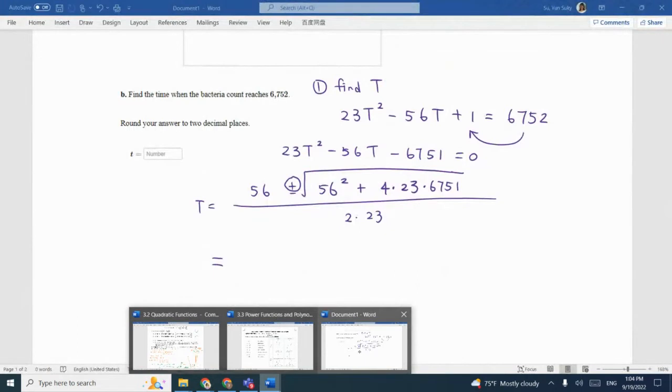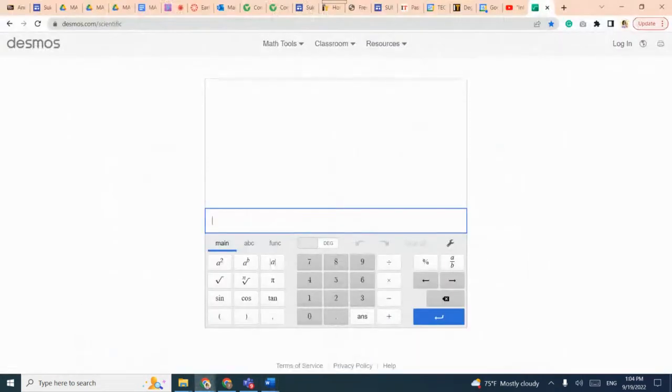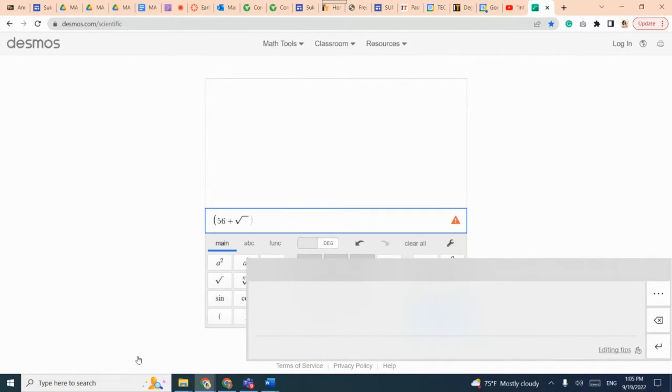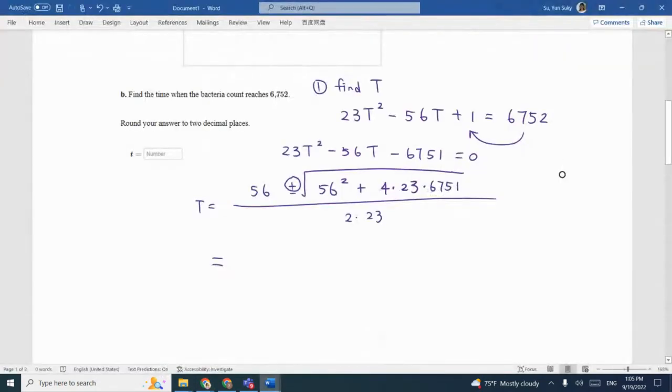This is an online calculator. 56 plus, okay, let's do parentheses. 56 plus the square root of 56 squared, and then plus 4 times 23 times what? 6751.